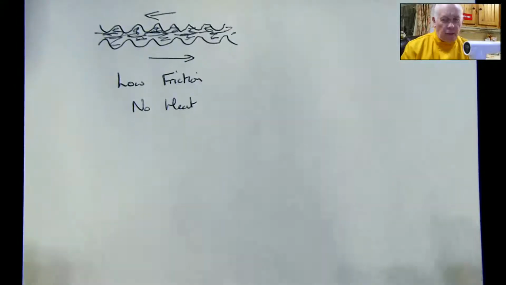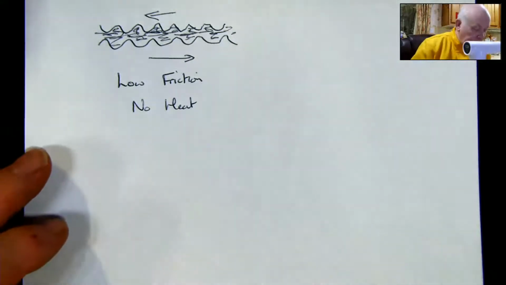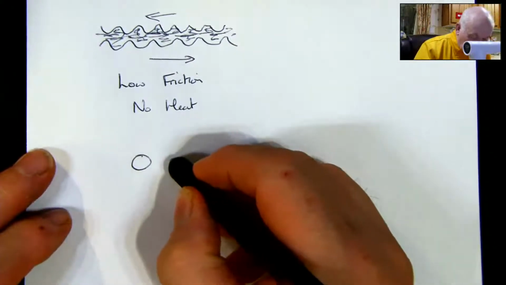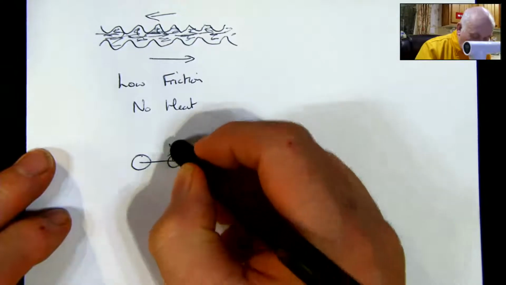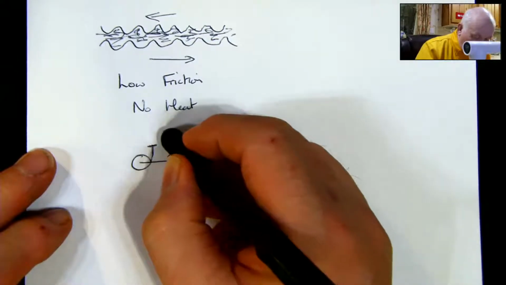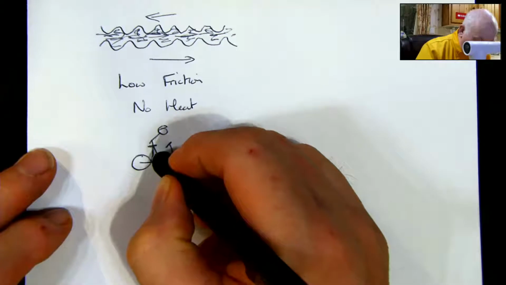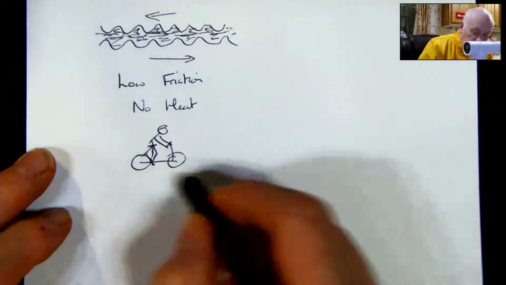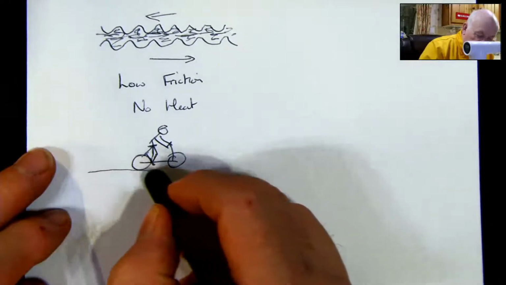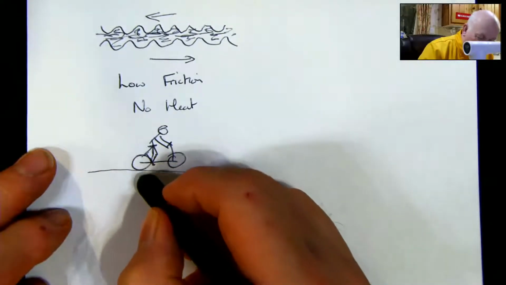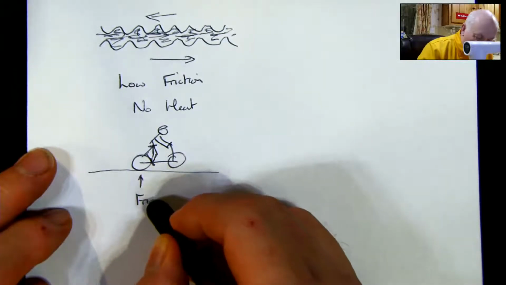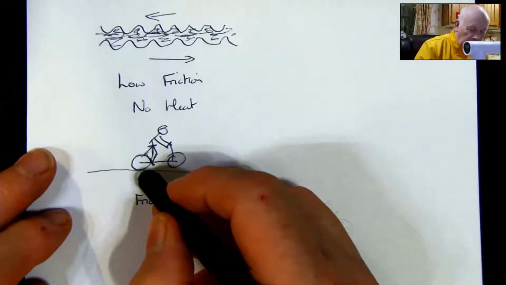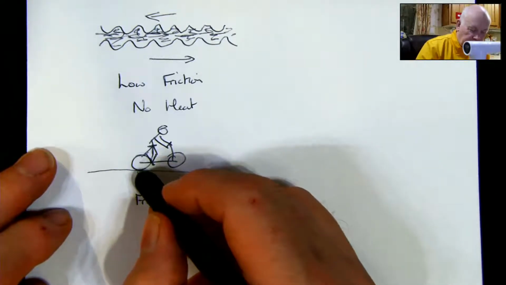Friction can be our friend, it can be our enemy. If you've got your bicycle and you want to try and ride your bicycle, and you certainly don't want to ride this sort of bicycle that I've got here, then what we need to do is to have a large amount of friction between the wheel that's being driven and the road surface.